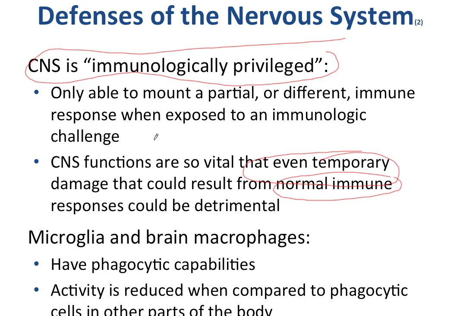So if microorganisms invade the central nervous system, there are specific nervous system cells called microglia, okay, and brain macrophage. Actually, scientists have found that microglia share many common characteristics with macrophage.